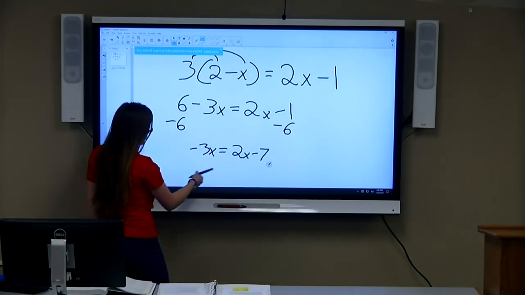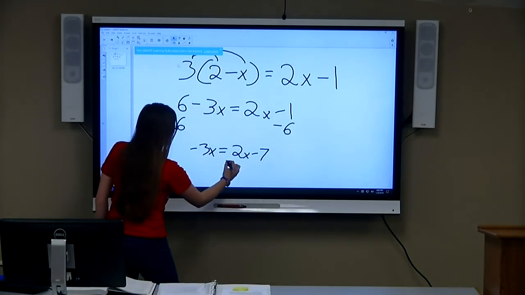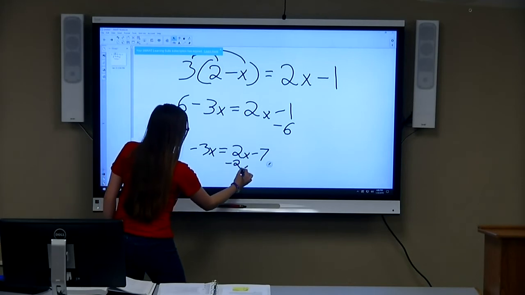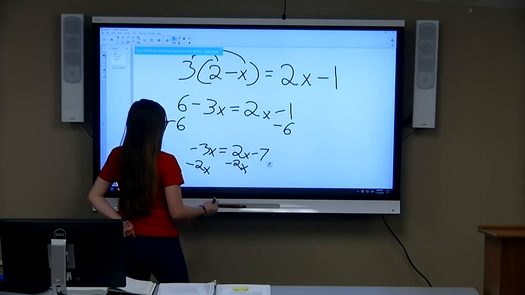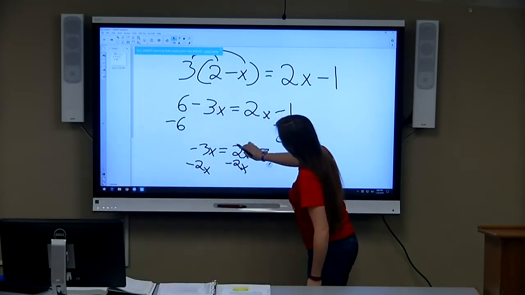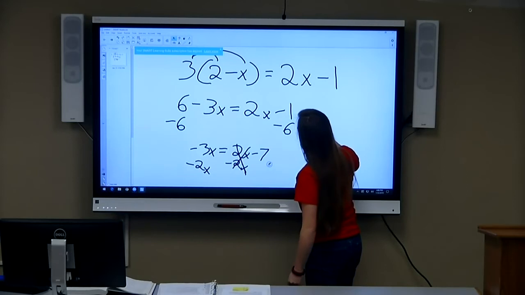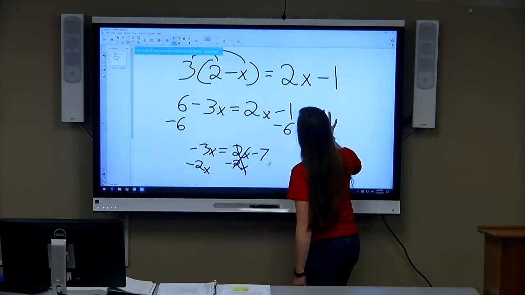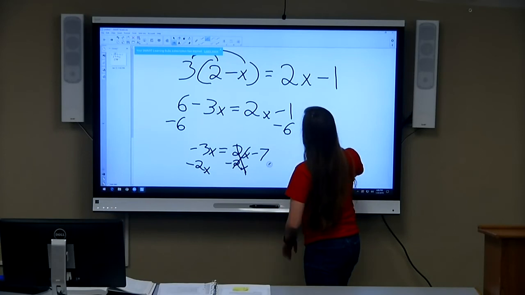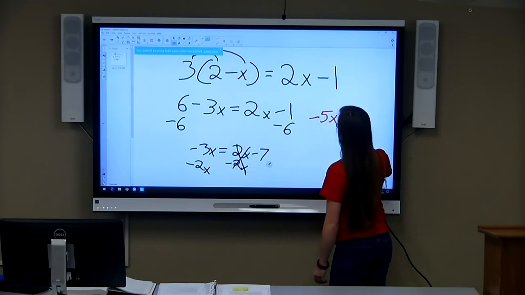Now you need to move your 2x to the other side. So subtract 2x from both sides. And that will give you, these will cancel out. That'll give you negative 5x equals negative 7.